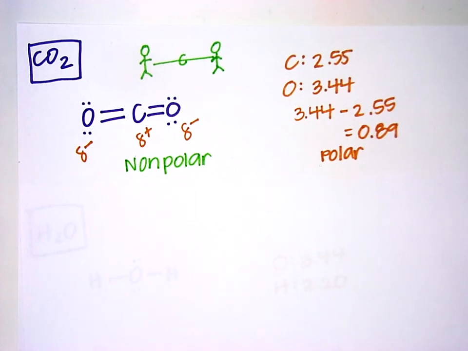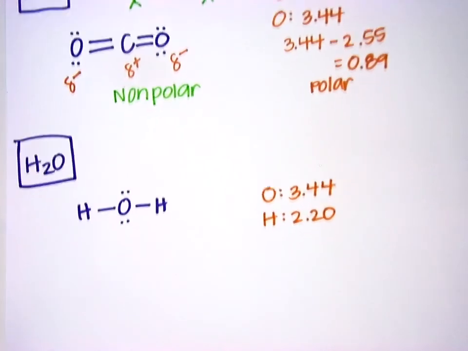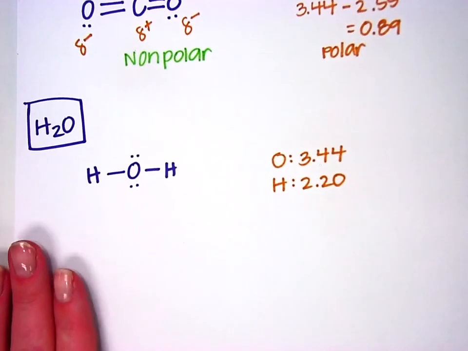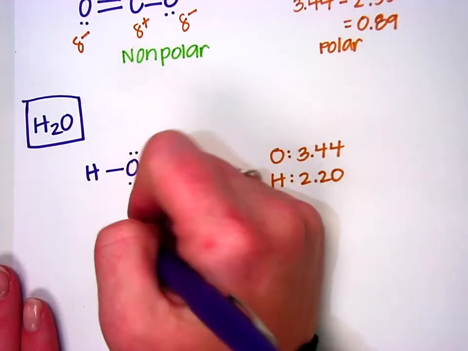Okay, next example is water. For water, we have H2O, that's its Lewis dot diagram. We actually need to know something else, and we haven't talked about this yet, but we're getting ready to, and that is VSEPR shapes. We're going to talk about the different shapes that different molecules have, but water actually has what's called a bent shape.